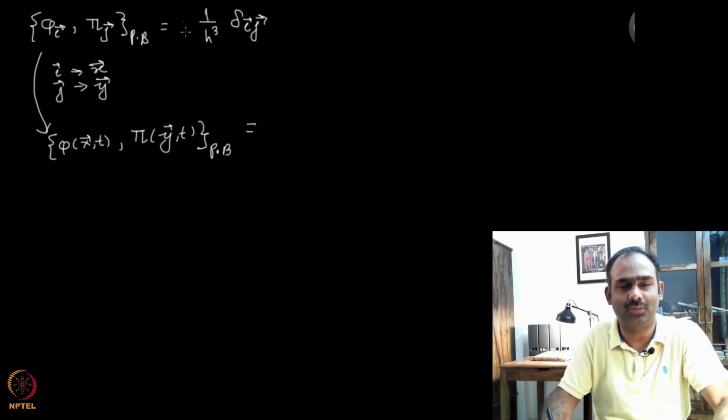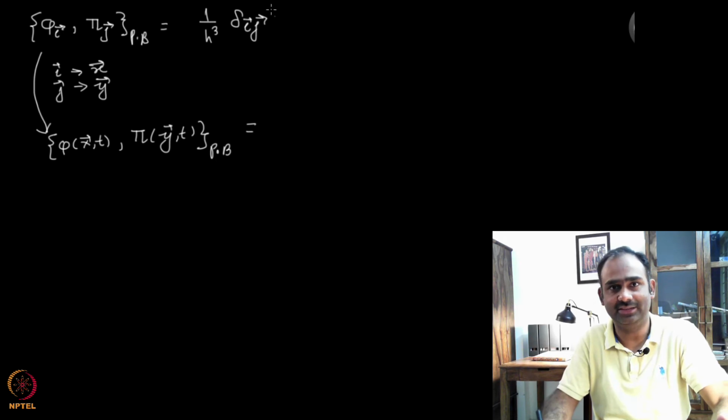Now it's not very difficult to realize what it is. If x and y are different, meaning i and j are different, then it is 0. So unless x is equal to y, this quantity is 0. And when x is equal to y, then it has a value 1 over h cube.